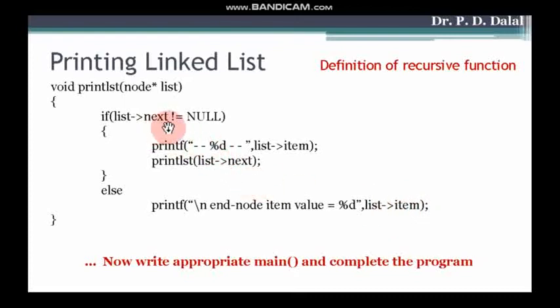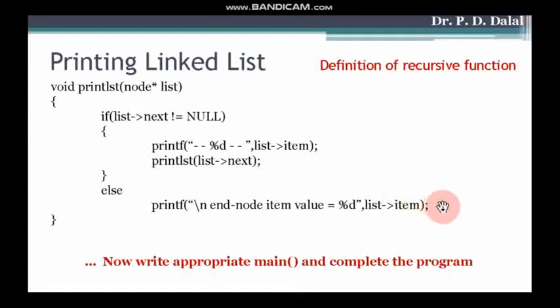Now can you guess, when list arrow next is not equal to null is false, that means the value of list arrow next is equal to null and it goes in else, so what will be the value of %d printed here?